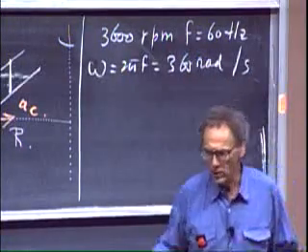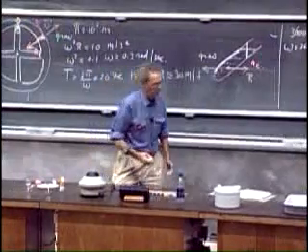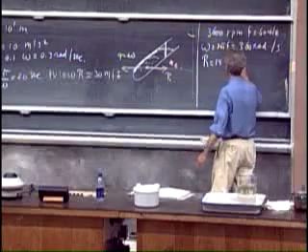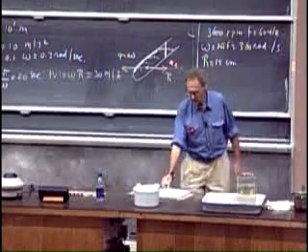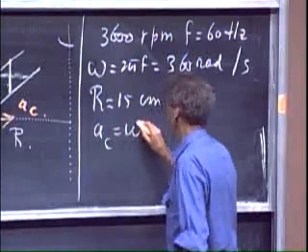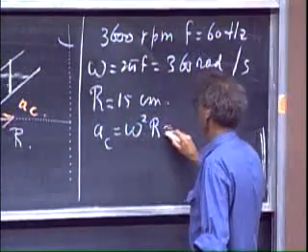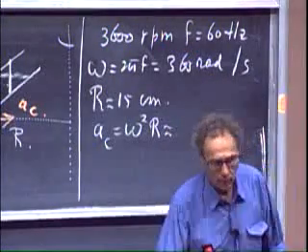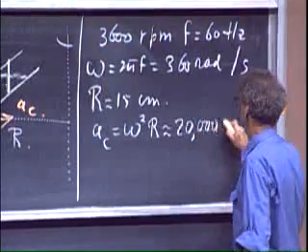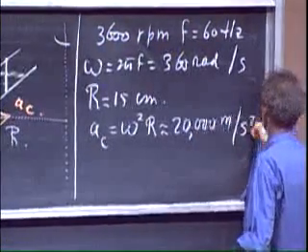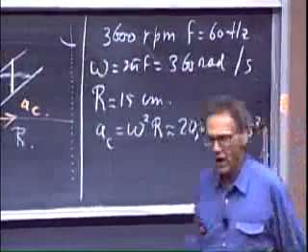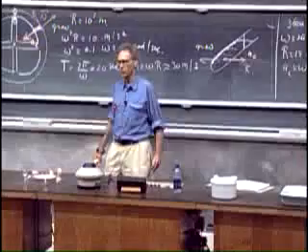If we assume that the radius is maybe 10, 15 centimeters, whatever, let's take a radius of 15 centimeters. And we can calculate now what the centripetal acceleration is. And the centripetal acceleration, a_c, which is omega squared r, is then roughly about 20,000 meters per second squared. And that is 2,000 times the gravitational acceleration.